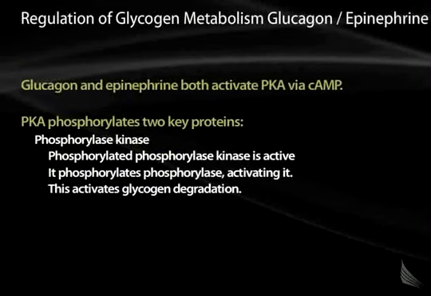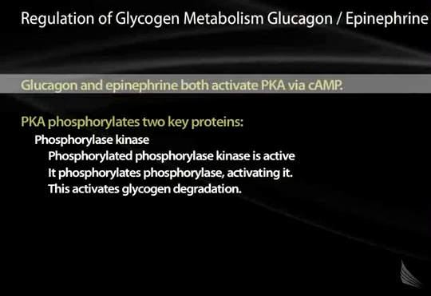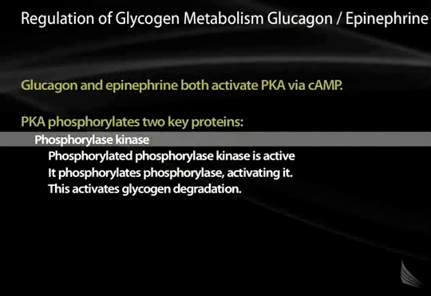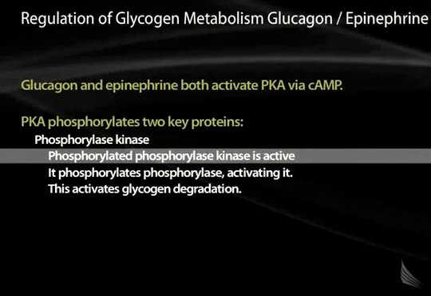Now, this whole thing is regulated by glucagon and by insulin. Glucagon and epinephrine activate protein kinase A via the cyclic AMP intermediate, as we described in the previous section. Protein kinase A then phosphorylates 2 key proteins. Protein kinase A phosphorylates what we call phosphorylase kinase. The phosphorylated form of phosphorylase kinase is active.